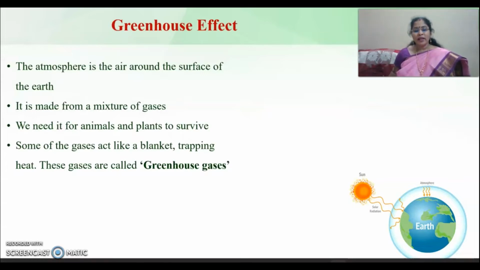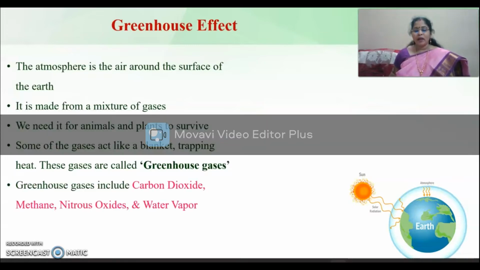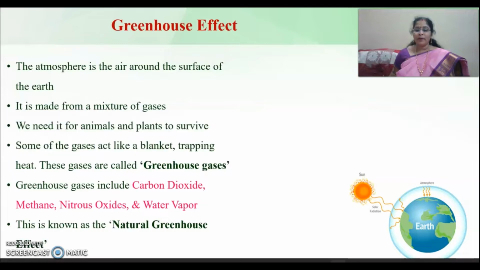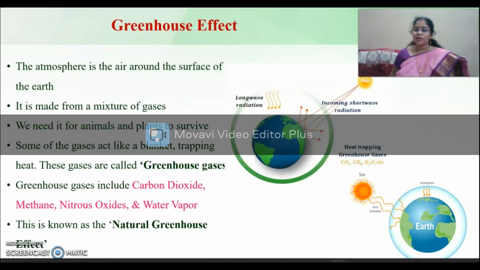So these greenhouse gases serve like a blanket, trapping the heat and providing it to the Mother Earth. These greenhouse gases include carbon dioxide, methane, nitrous oxide, water vapor, etc. This general process is called the natural greenhouse effect, and the natural greenhouse effect is essential in order to provide warmth for the Mother Earth.